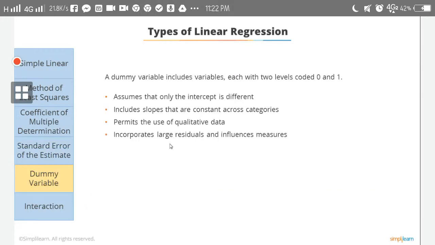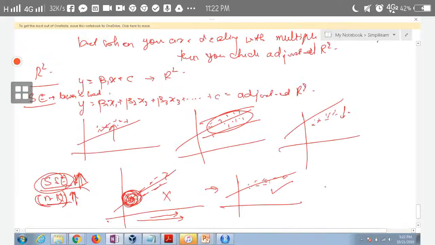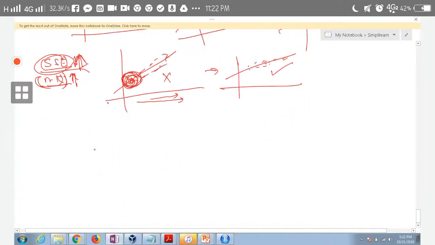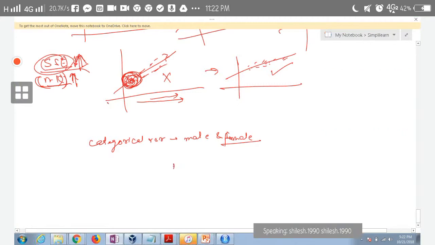So this is about all these. Now, what is dummy variable and what is interaction? Sometimes in an equation, you will see that you have categorical variables, like male and female. Now, in an equation, you can put only numbers.